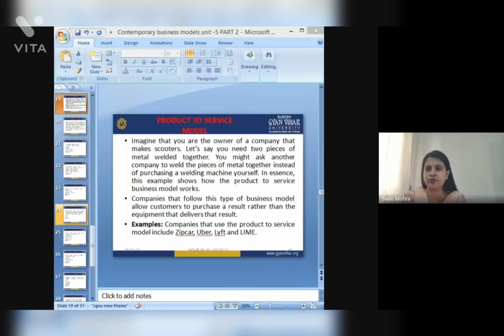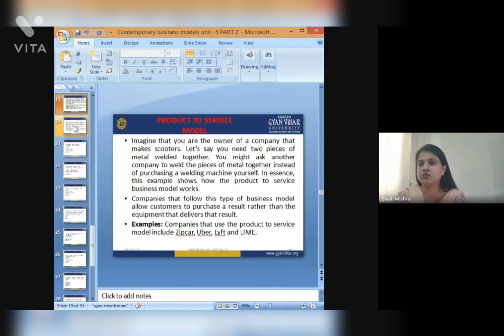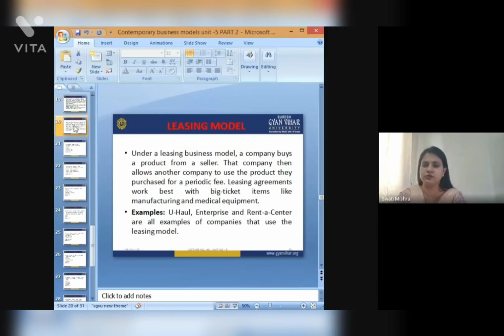So I hope you've understood. Uber is providing you the service of picking you up from one stop and dropping you at your destination, and you don't go on buying automobiles just because you want to transit from one place to the other. So that is your product to service model.